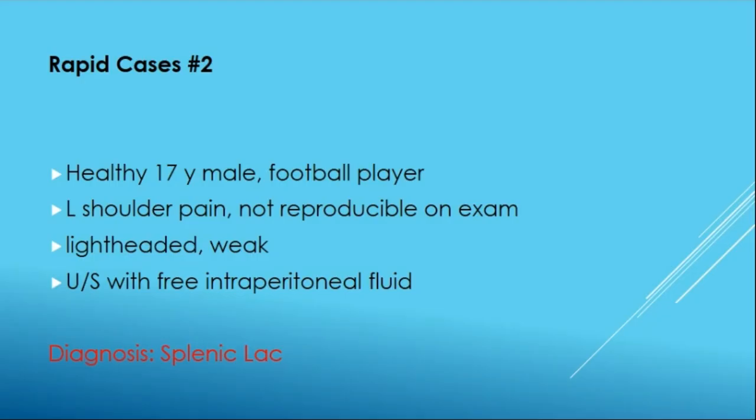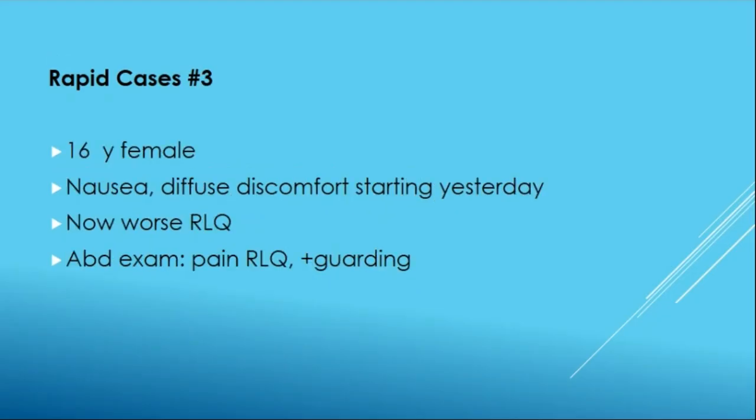All right. A 60 year old female, nausea, diffuse discomfort starting yesterday, now worsening in the right lower quadrant. On abdominal examination, it shouldn't be pain, it should be tender. Tender right lower quadrant plus guarding. What do you think?